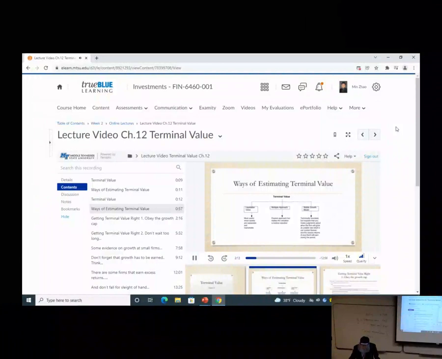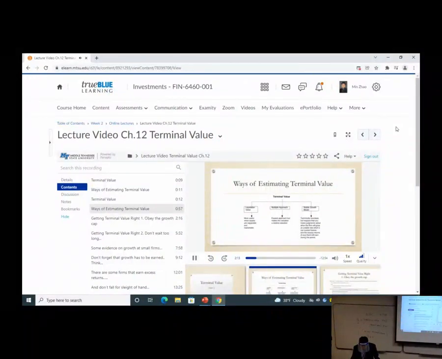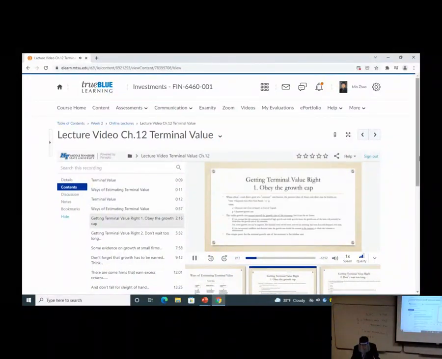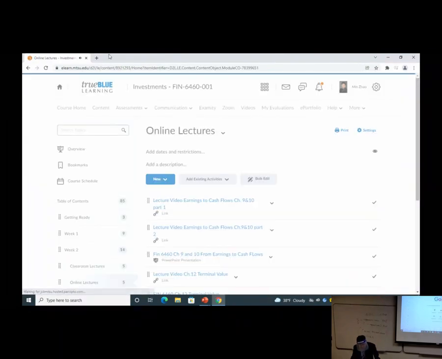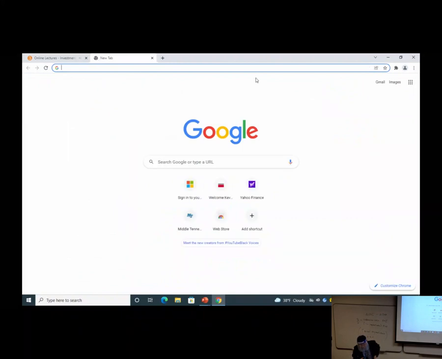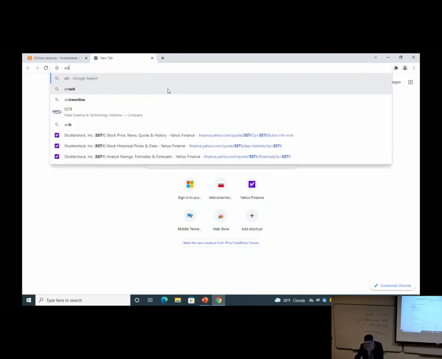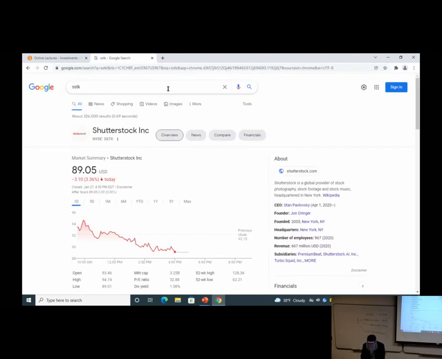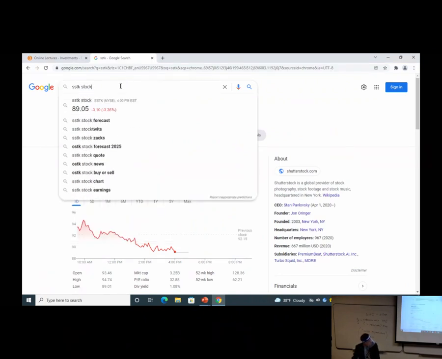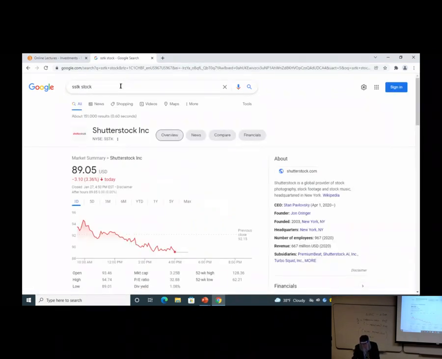In the meanwhile, work on your stock valuation. For the valuation project, by now you should be able to say, hey, this is SSTK stock, and get some of the most recent information from Google Finance and Yahoo Finance, where you see some history and everything.